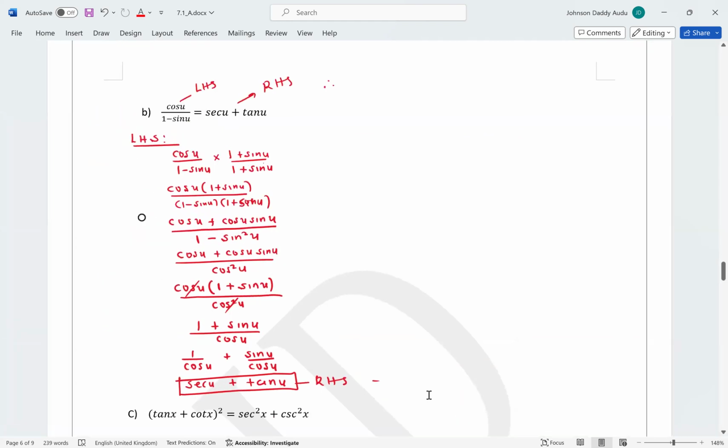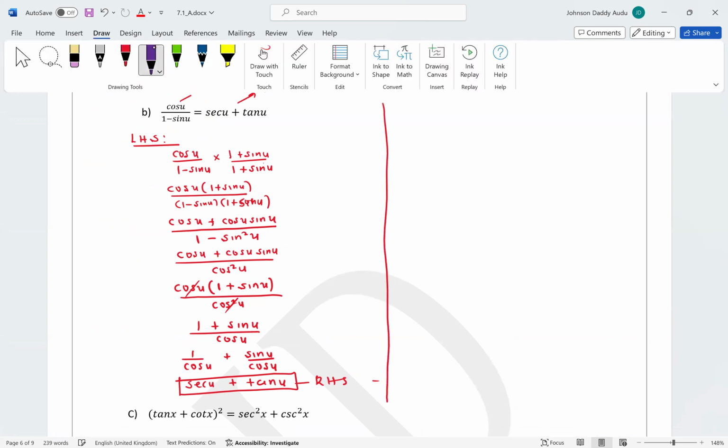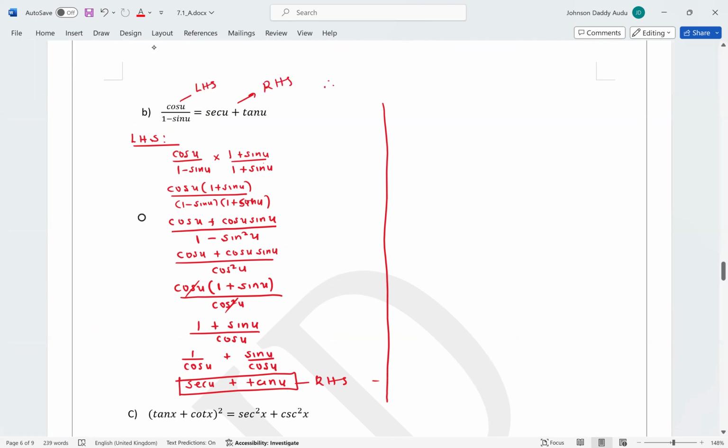And we're done. Okay, now let's see. Let's assume we start with our right-hand side now in this case. If you start with the right-hand side, you don't have to do both. One side is okay. It means we will start with sec u plus tan u.